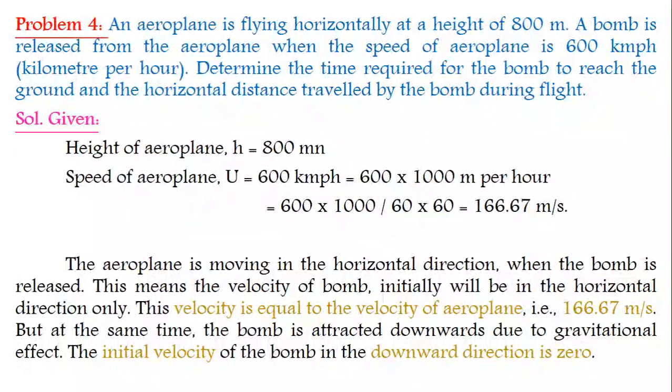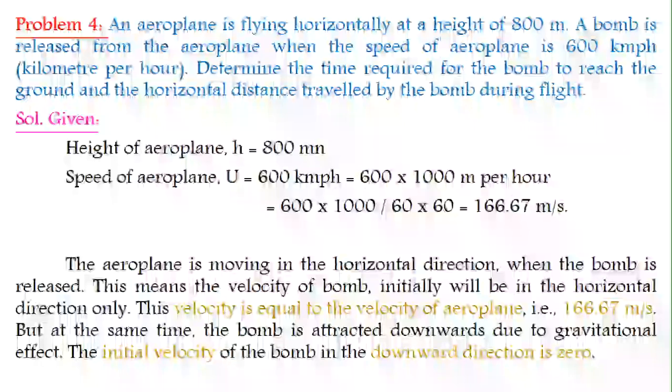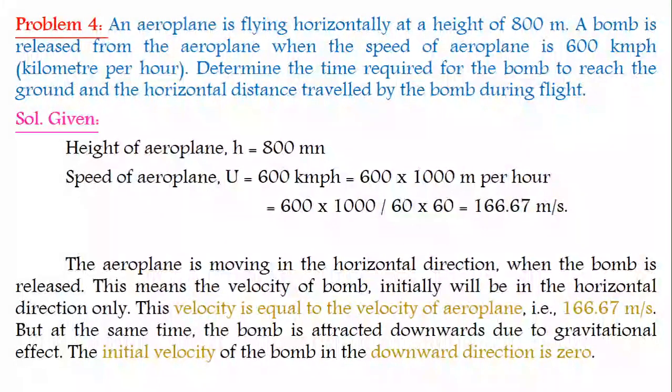What are we asked in this problem? What are the things you have to find? Determine the time required for the bomb to reach the ground. The aeroplane is flying at 800 meters height at 600 kilometers per hour, and the bomb is released. In what time does it reach the ground?